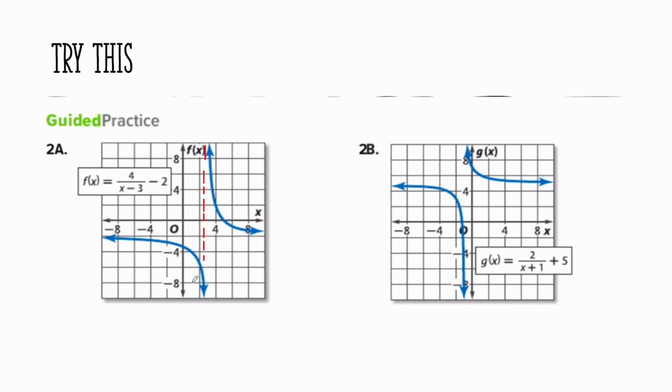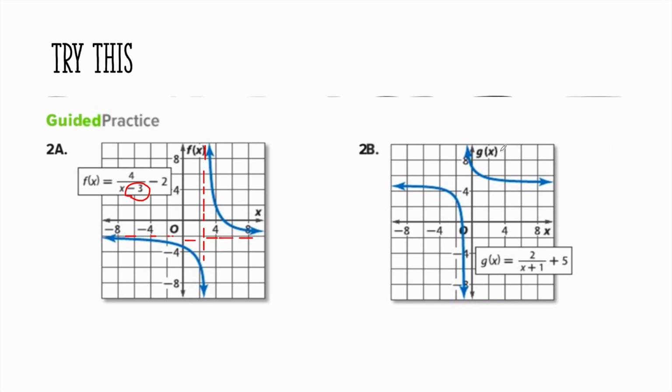Okay, so at 3 we can use this number. And then it moved 2 units down. So this number is also 2. So that is your asymptote. The vertical and the horizontal asymptote. The domain is all real numbers, but not 3. And the range is all real numbers, but not -2.